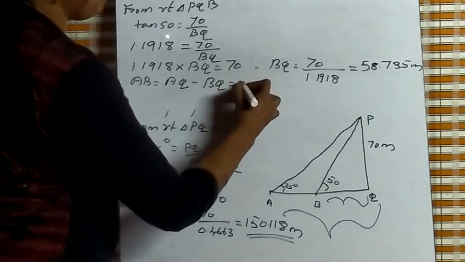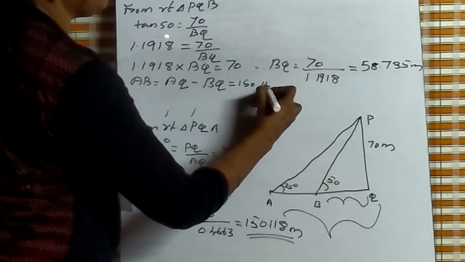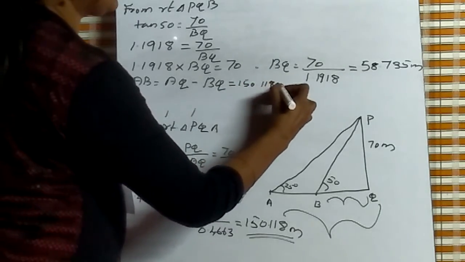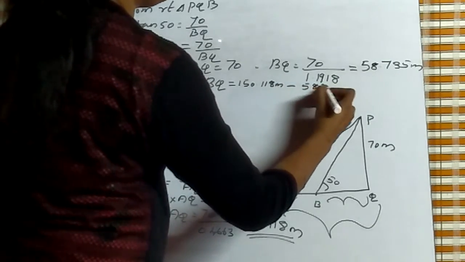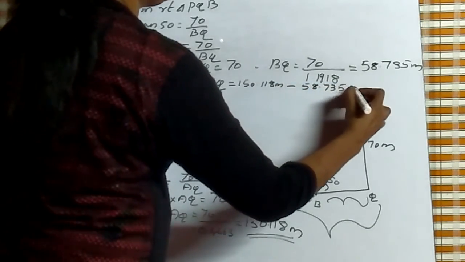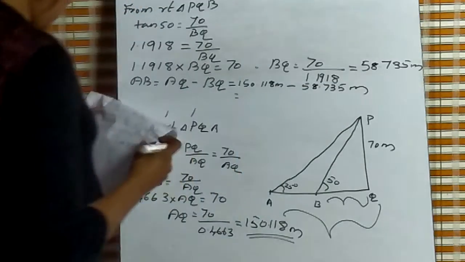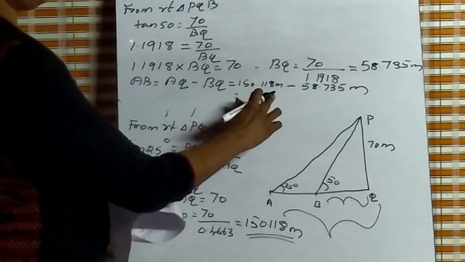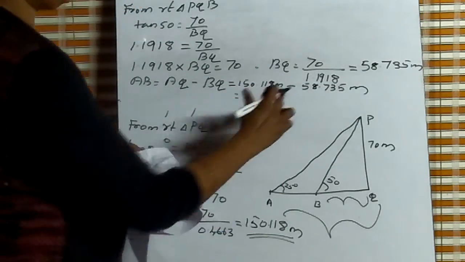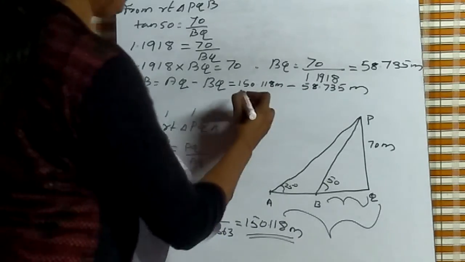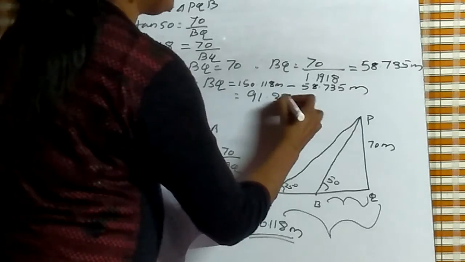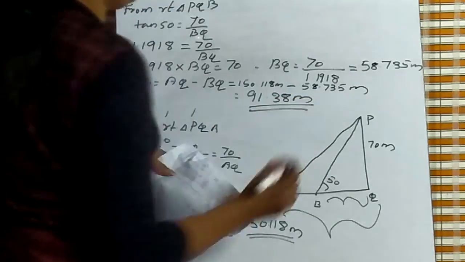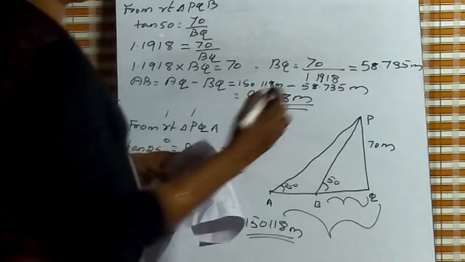AQ is 150.118 meter minus BQ, 58.735 meter. We subtract 150.118 meter minus 58.735 meter. We get 91.38 meter. 91.38 meter is the answer.